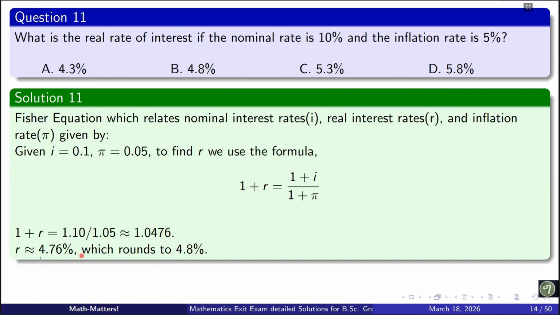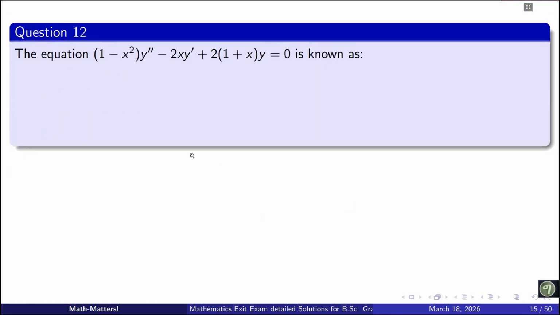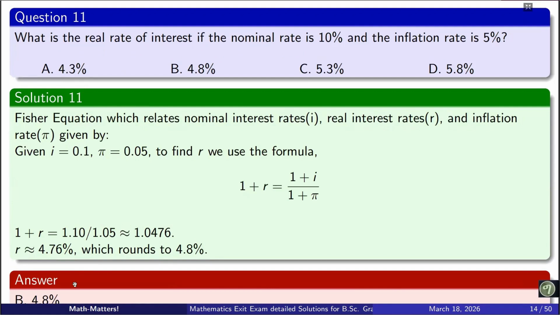So r could be approximated as 1.0476 minus 1, which is 4.76%, and it could be rounded to 4.8%. So the answer for this one is B. Yeah, this is B.